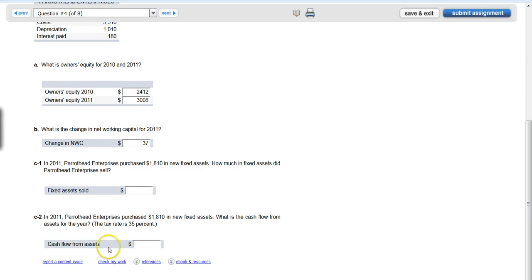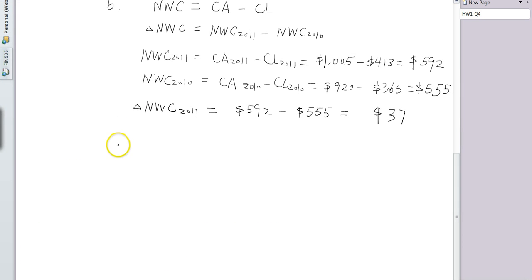And in class, we also talk about another way, right? Part C1. Net capital spending. In class, we said that also equals the change in net fixed assets plus depreciation expense, right? That's another way.